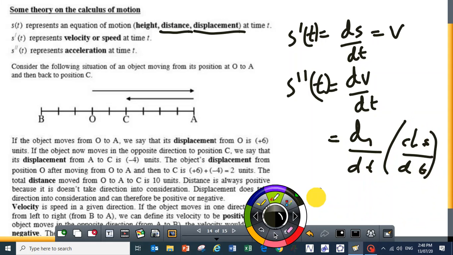Now this generally is written as d squared s over dt squared. That's your acceleration.